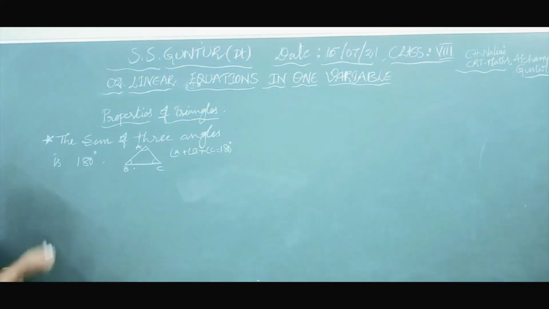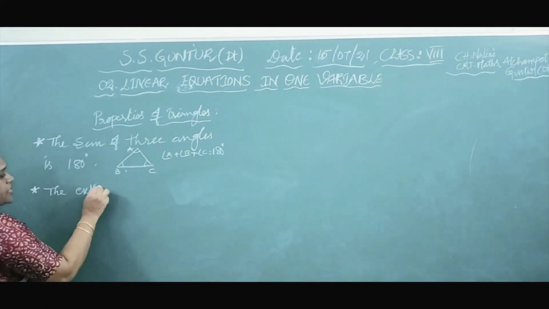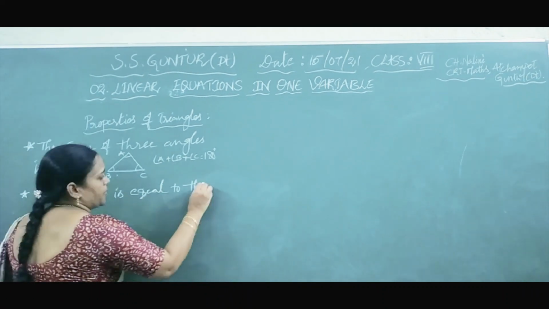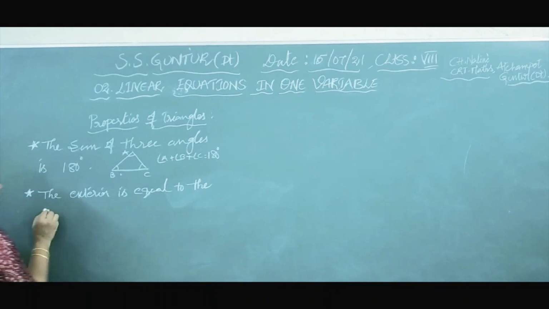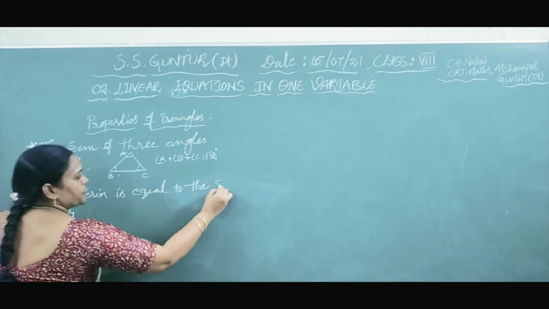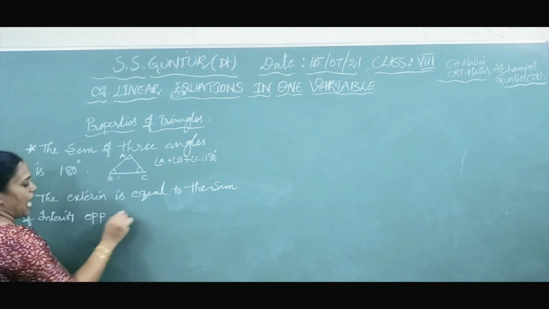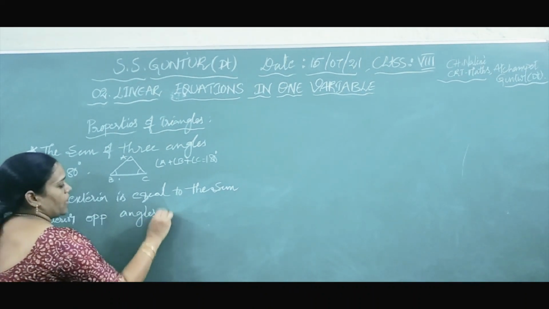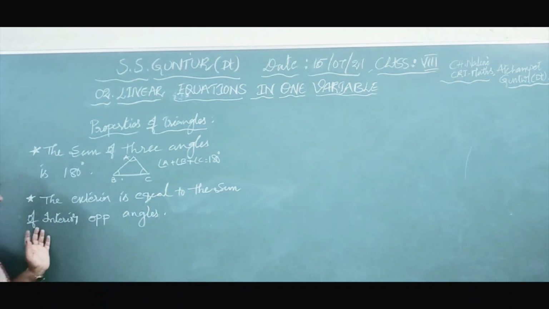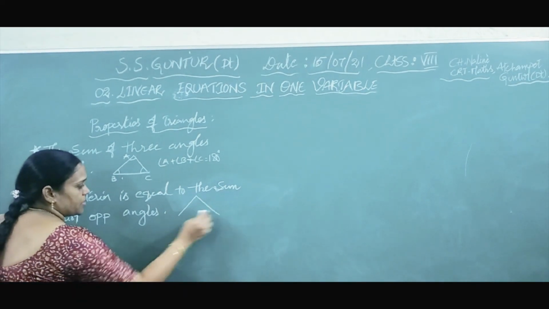Next, the second one. The exterior angle is equal to the sum of interior opposite angles. Carefully observe this diagram and we can understand easily. ABC is a triangle.